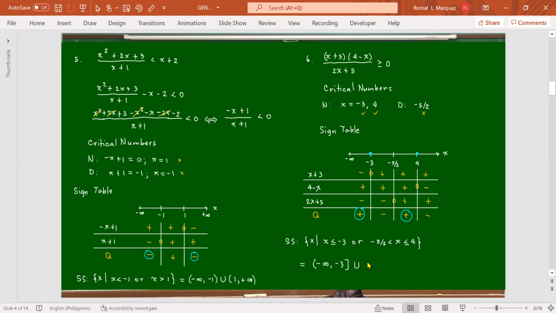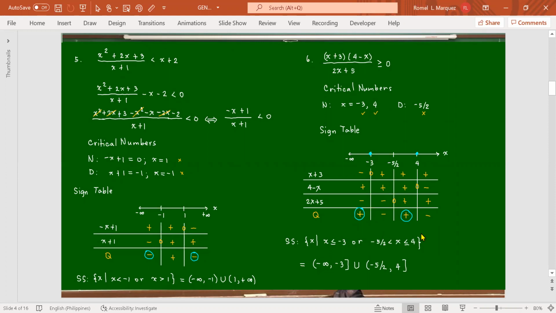Okay? So we have -5/2 parentheses, and then up to 4. We include 4, so bracket. Okay, guys? You have 2 options for your answers. You can have this or this. Is that clear, children?